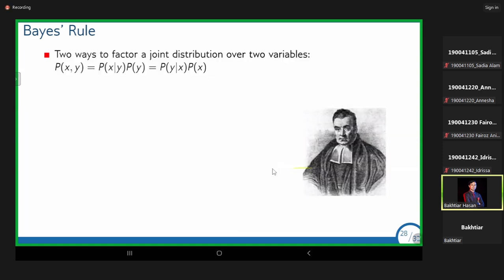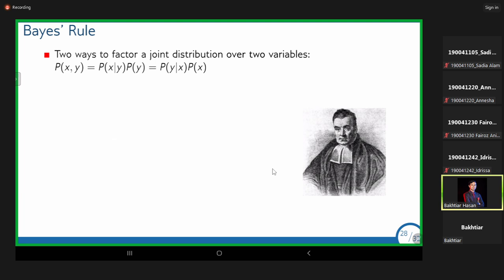So the idea is that whenever we want to calculate the joint distribution, there are 2 ways to do it. If I want to calculate probability of x and y, that is basically probability of x given y multiplied by probability of y, or we can calculate probability of y given x multiplied by probability of x. So this is the result from the product rule.